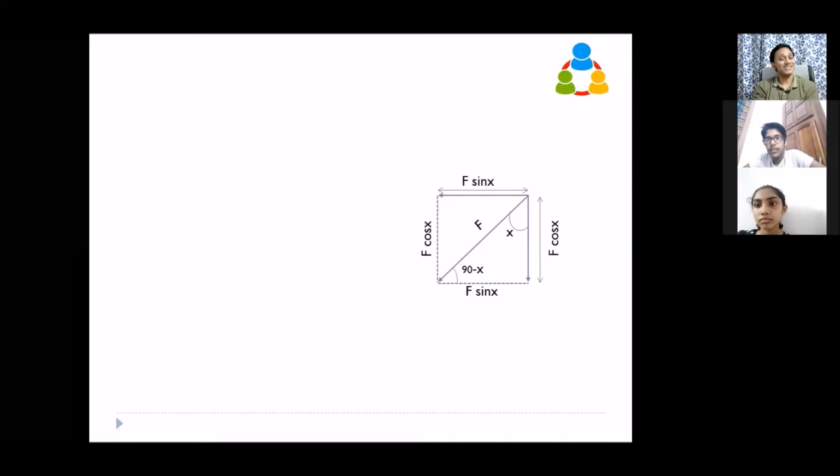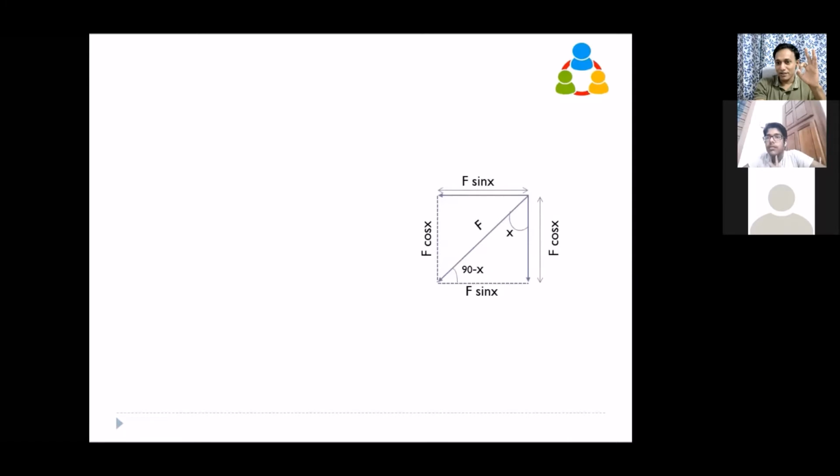No. Are you sure? No, it will be f sine x. Exactly. See, the bottom line is f cosine x is this. That is the shadow in this. The easier thing to remember is, out of sine and cos, you try to remember only one.